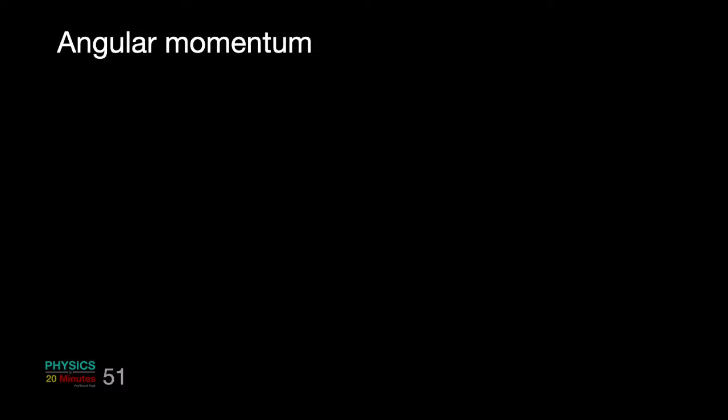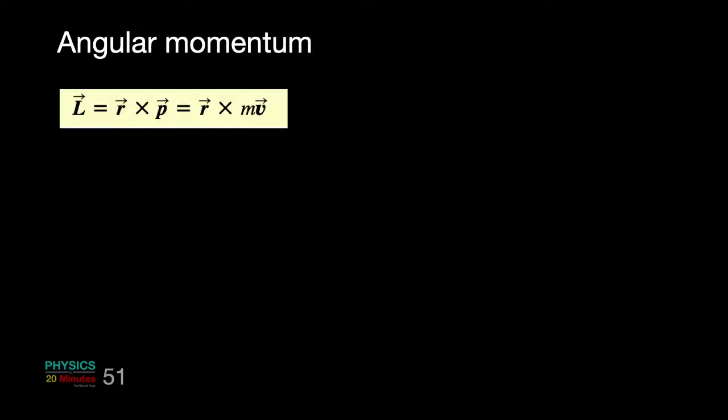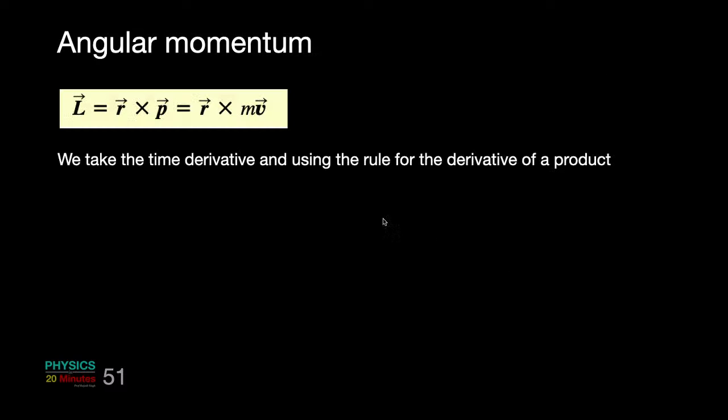Going ahead, now I have angular momentum. Let me take the time derivative of this. That is, I want to find out the rate of change of angular momentum. Now, when you take the derivative on the right hand side, we have to apply the product rule.